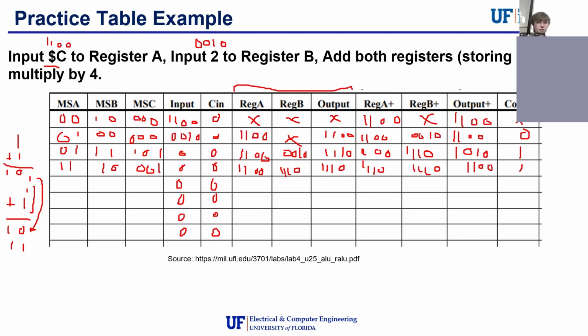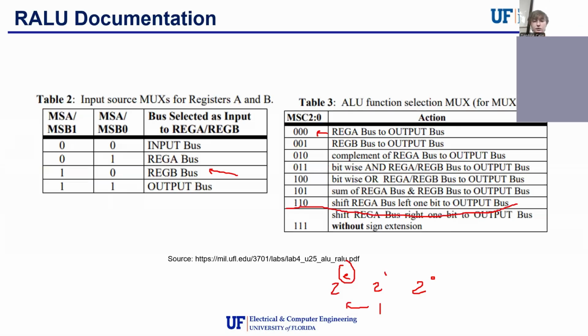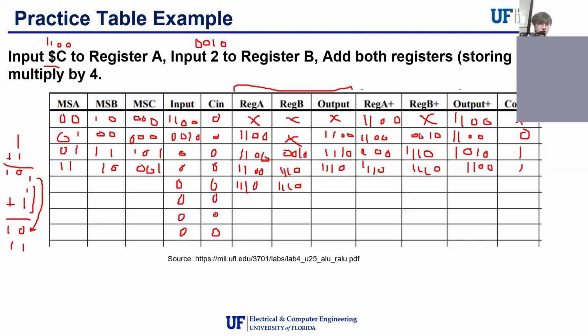So now that we have the value in A, we can just copy these registers over here. So 1110, 1110. And so now we want to multiply by 2. So let me just check the documentation. Shift left is 110. So now we can just do 2 shift lefts. So 110 and 110.